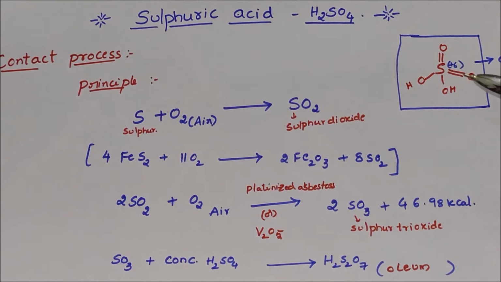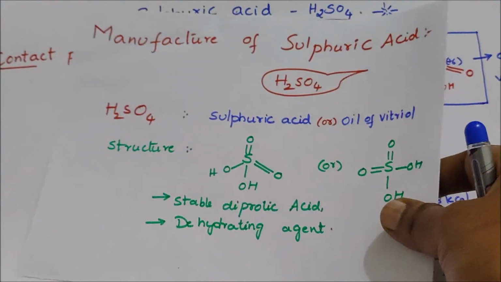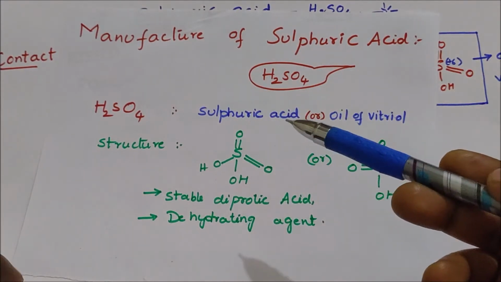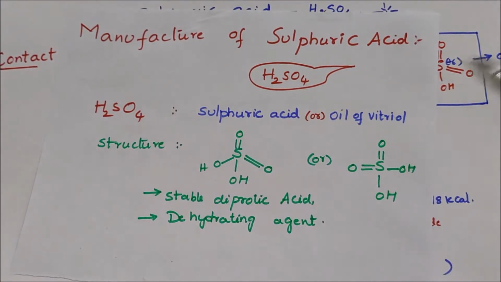This is the H2SO4 structure. H2SO4 is a king of chemicals. It is a dehydrating agent and a stable diprotic acid. Sulfuric acid is also called oil of vitriol.